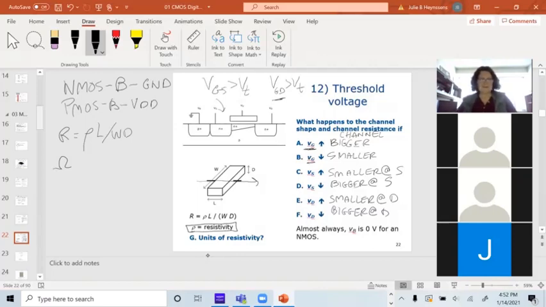And they're not. I've got ohms on this side, and I've got the units of resistivity. I've got something in centimeters divided by centimeters squared. So when I flip all that around and multiply it out, the units of resistivity are ohm centimeters. Kind of weird units, but that's what it is.